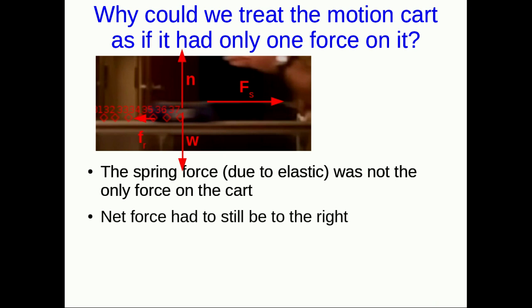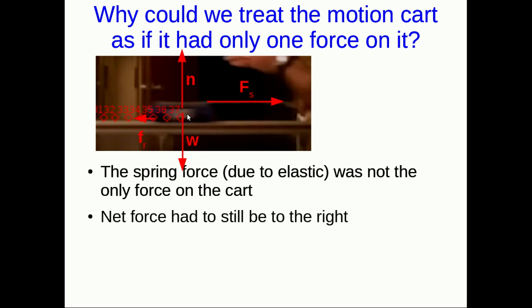But the net force still had to be to the right. Why is that? Well, because we already know from the motion diagram that the cart accelerated to the right. And so think about it. If the normal force had been bigger than the weight, then it would dominate over the weight, and the cart would accelerate up as well. Well, that would be strange. We wouldn't expect that.